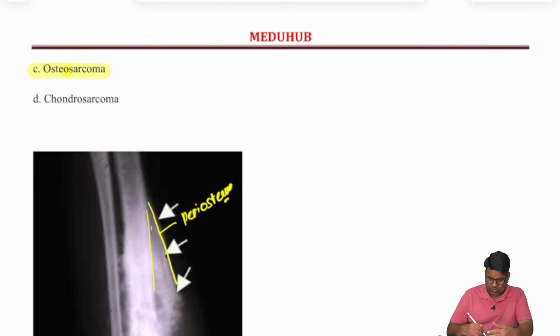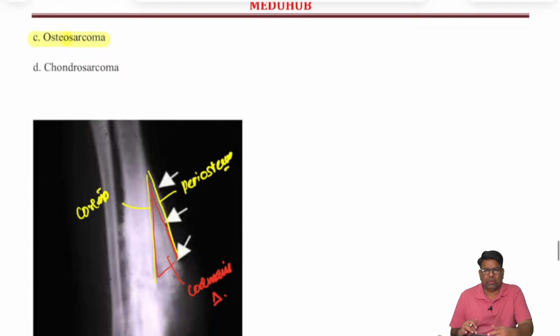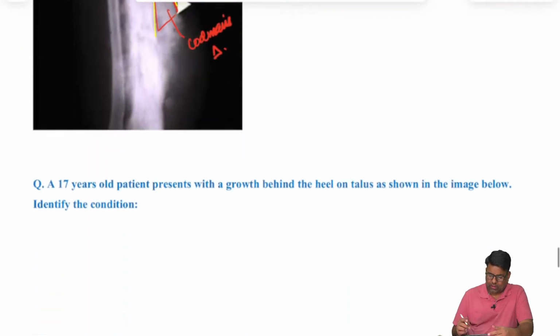This is the cortex. So what we can see here is a triangular area like this. That is of osteosarcoma.